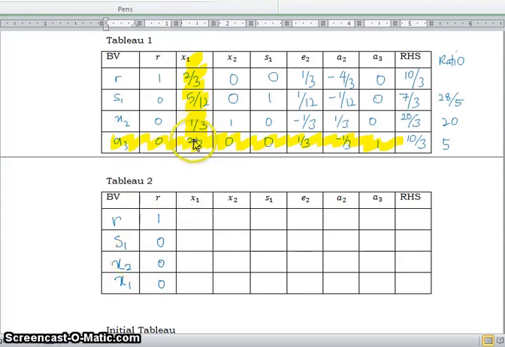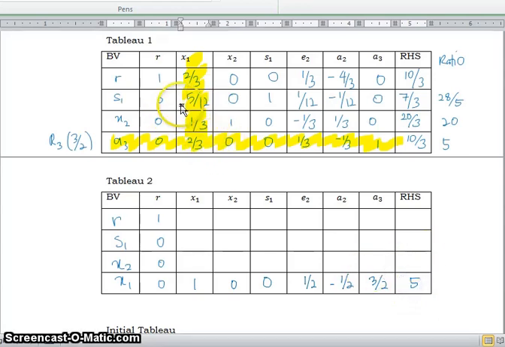To get 1, we multiply the whole row 3 by 3 over 2. Now we get 1, 0, 0, 1 over 2, negative 1 over 2, 3 over 2, and the right hand side is 5.